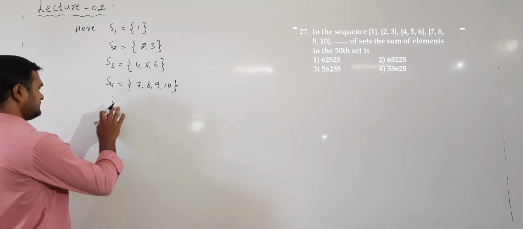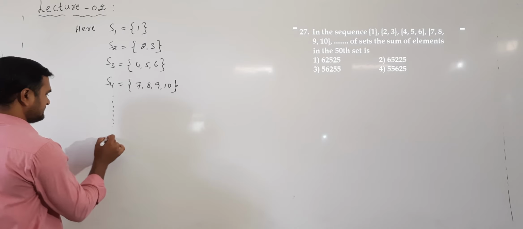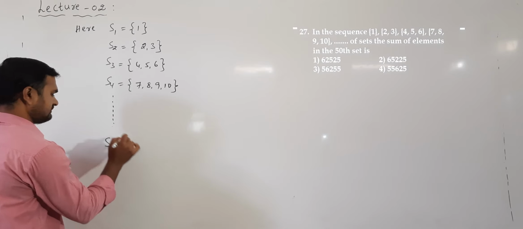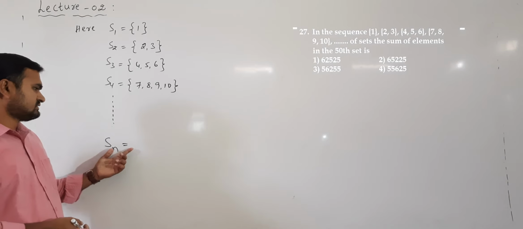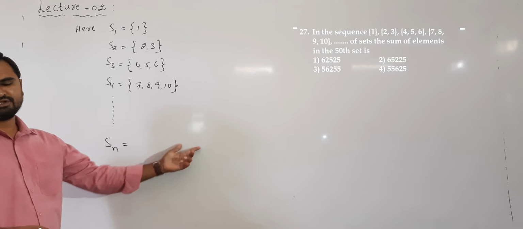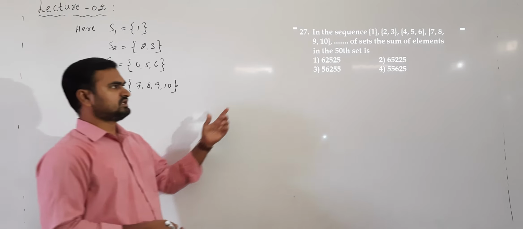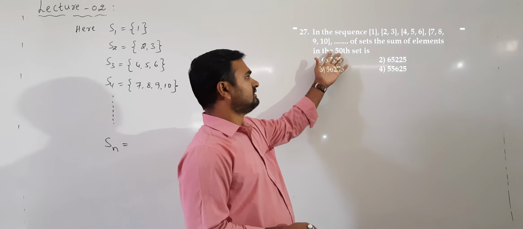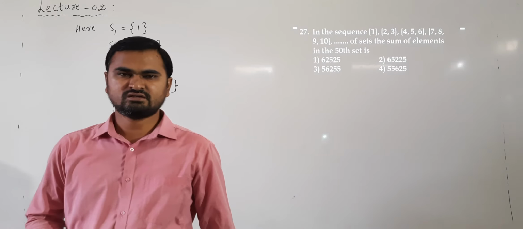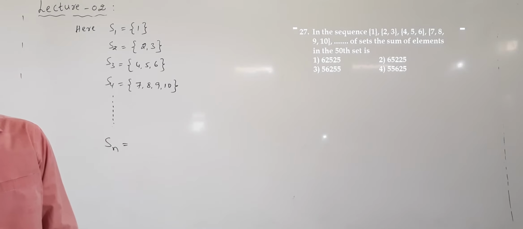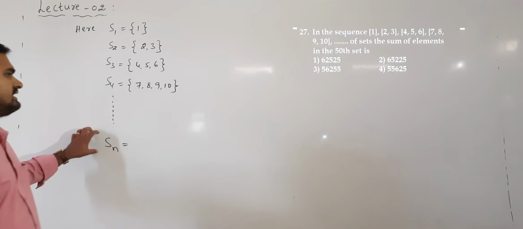Now let us write the elements in the set Sn, so that we can find the sum of elements in Sn. Then by substituting any value, we can find the sum of elements in the 50th set or 100th set, or any set we can find. So how to write the elements of Sn here?